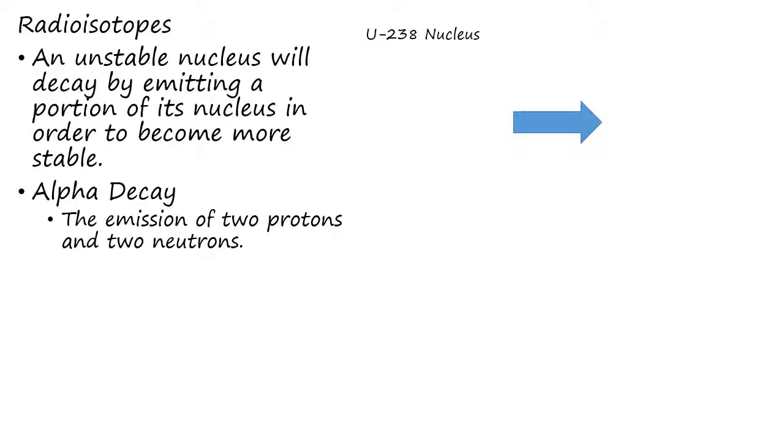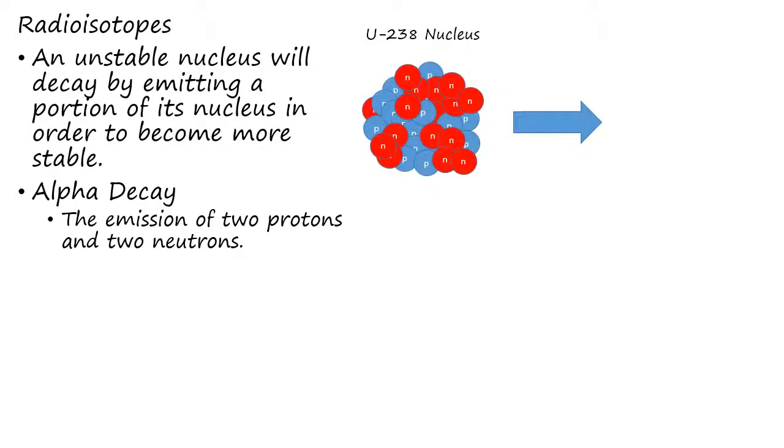Okay, so if we have uranium-238, it's an extremely large nucleus with over 83 protons, and because of this, it's going to want to become smaller to become more stable. So it's going to undergo alpha decay, and it's going to lose 2 protons and 2 neutrons.